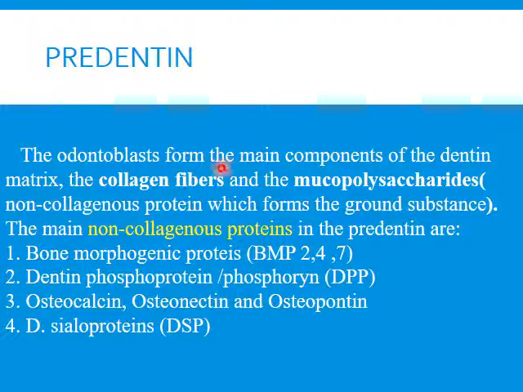The odontoblasts form the main component of the dentin matrix, which is called predentin. The collagen fibers and mucopolysaccharides are present in predentin with non-collagenous proteins, which form the ground substance. The main non-collagenous proteins present in predentin are bone morphogenetic proteins 2, 4 and 7, dentin phosphoprotein phosphophoryn (DPP), osteocalcin, osteonectin, and osteopontin, and also dentin sialoprotein.